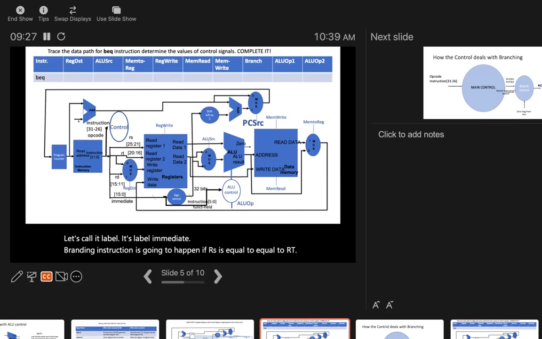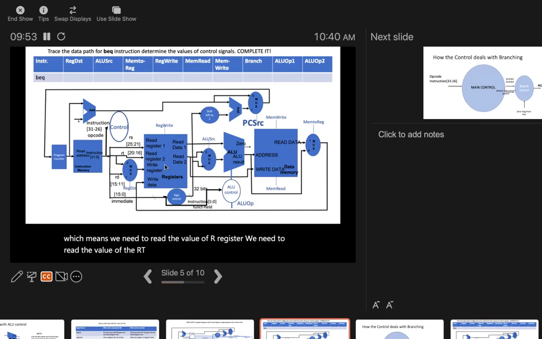Since this is a branching instruction, the value of the branch flag is going to be 1. But this comparison has to be done by what? Which one of these components is going to perform this comparison? The ALU, very good. So ALU is going to perform this comparison, which means we need to read the value of RS register. We need to read the value of the RT register.